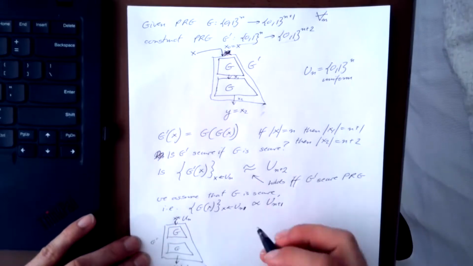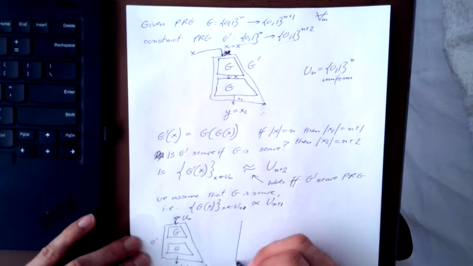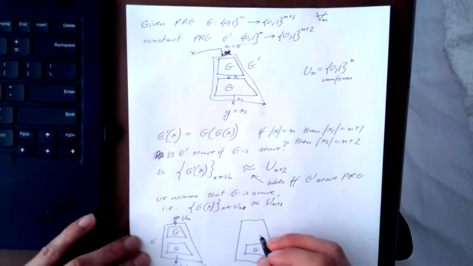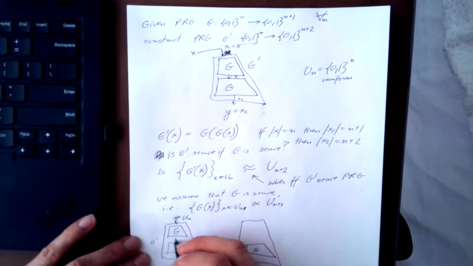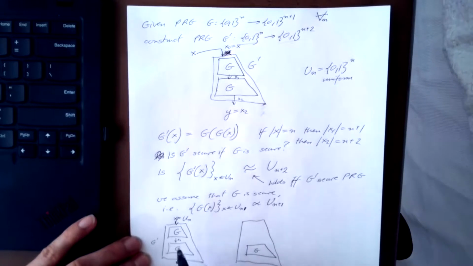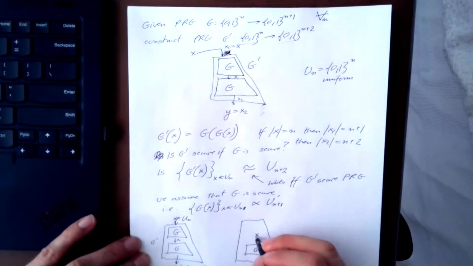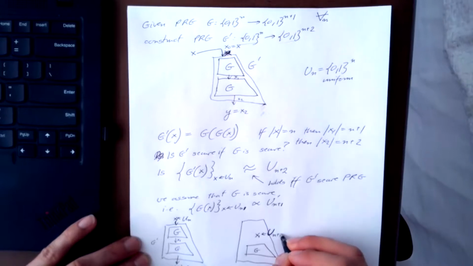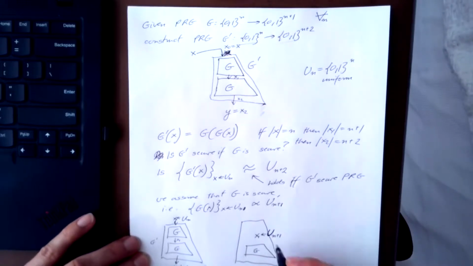Let's modify this as follows. Let's just have a single instance of G, and instead of having this intermediary variable being an output of G on x, let's cheat and pick x1 as a random n plus 1 bit string.